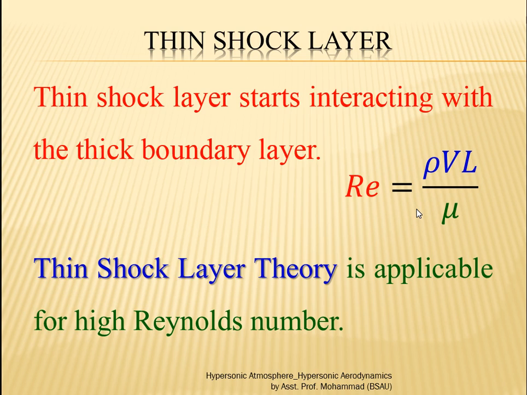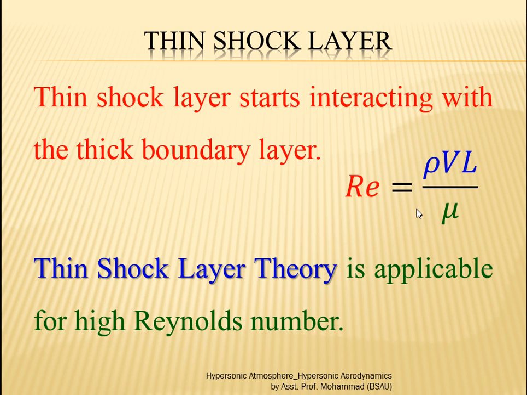If the Reynolds number is very, very high, the flow is essentially taken as an inviscid flow, and in that case this thin shock layer becomes an advantage for us, because the boundary layer will be very, very thin, and then the interaction will not be much because it will not be comparable with the thin shock layer.